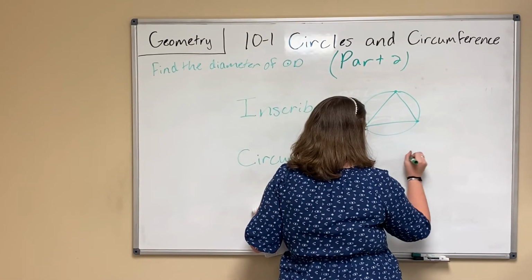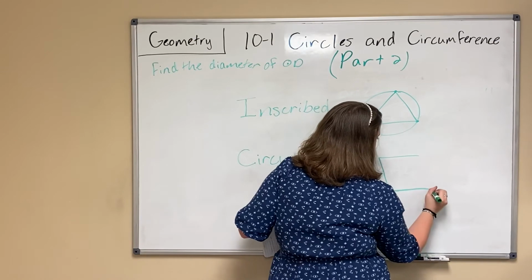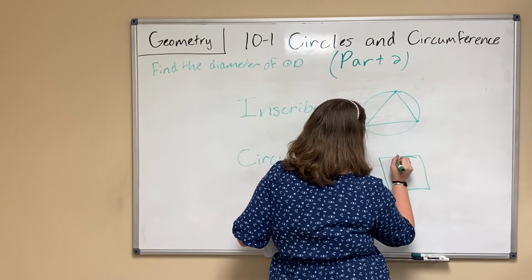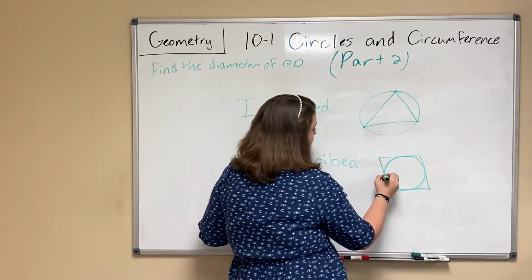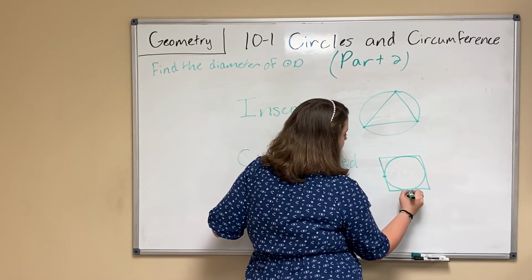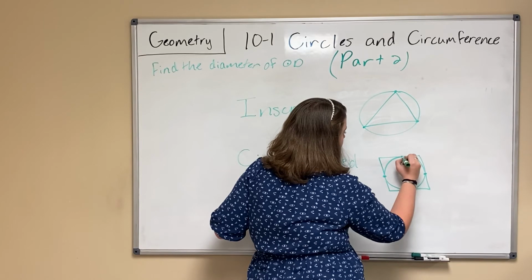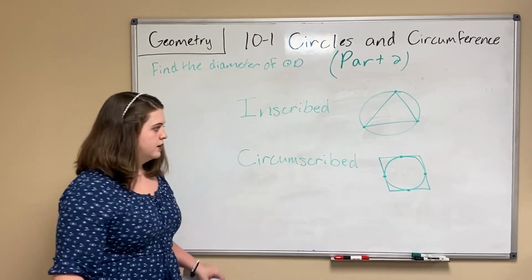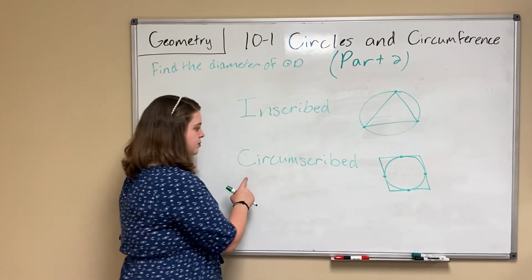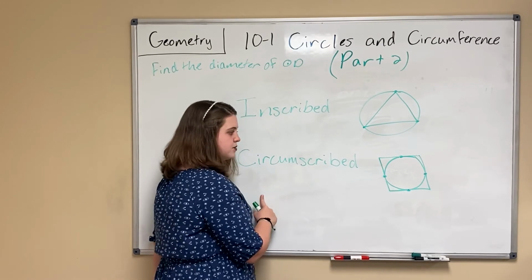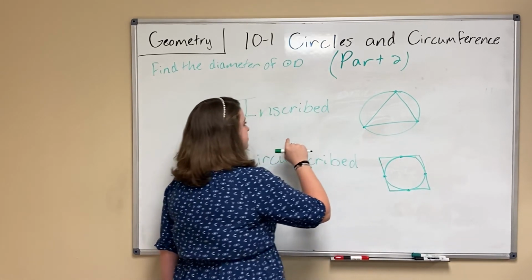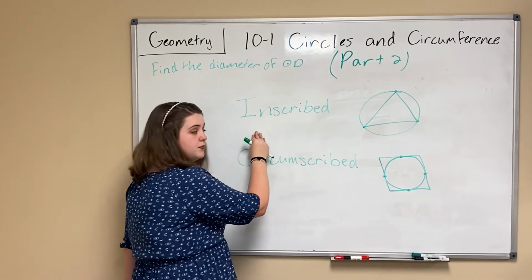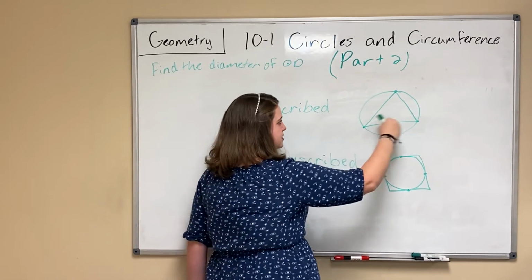It would be a square with a circle inside. Again, with intersecting points. A square circumscribed around a circle means the square goes around the outside. A triangle inscribed into a circle means that it's on the inside.